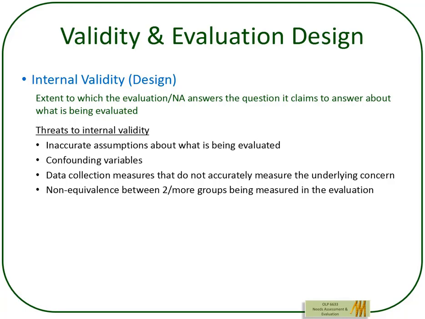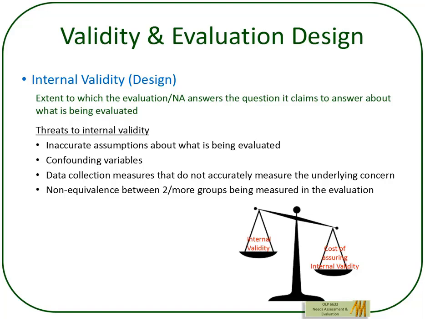So part of what you need to do is balance off the importance of internal validity versus the cost of assuring that internal validity. Now, in a perfect world, we'd do whatever it takes to get internal validity. Because again, internal validity means that we're answering the question that we say that we're going to answer in terms of this evaluation. So internal validity matters to us, but out in the real world, we don't always have the time, the money, the bandwidth in order to actually assure the internal validity.